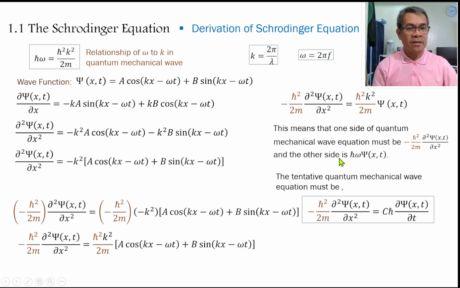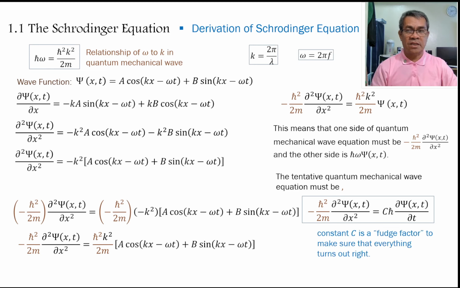Okay? So with that, we can have this value. So in other words, this is our tentative equation. Tentative, why? Because we have the presence of C. What is that C? That C is called a Fuchs number. Okay? It is a constant value called a Fuchs number to make sure that everything becomes okay.